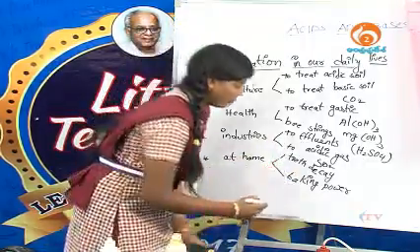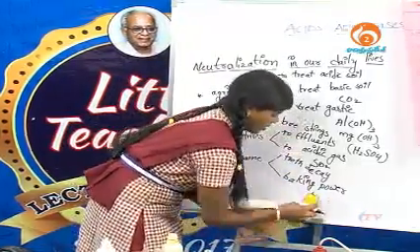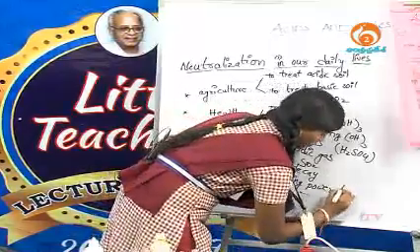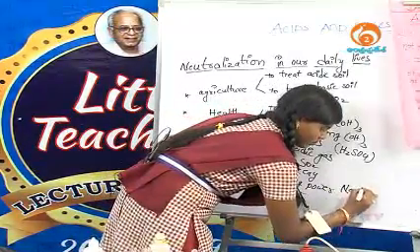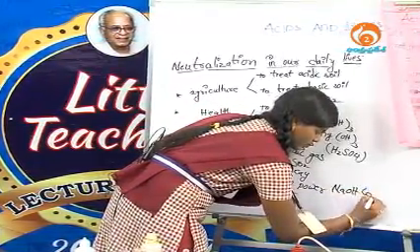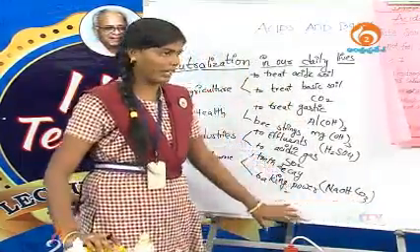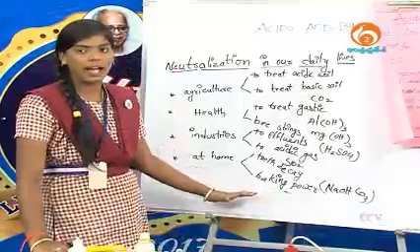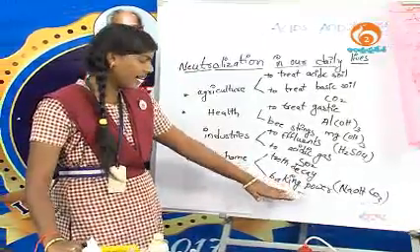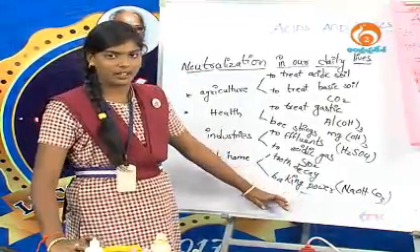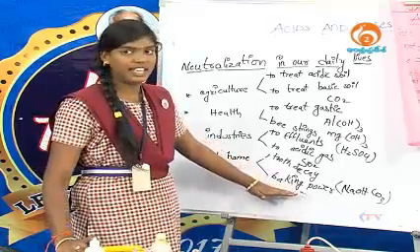Another one is baking powder. This is the formula of baking powder. It contains sodium hydrogen carbonate, another name of which is sodium bicarbonate. It is a weak acid.